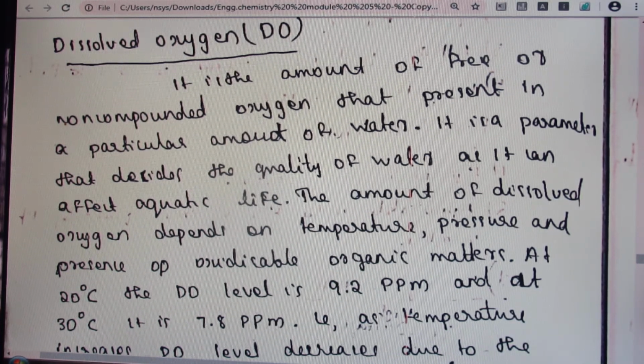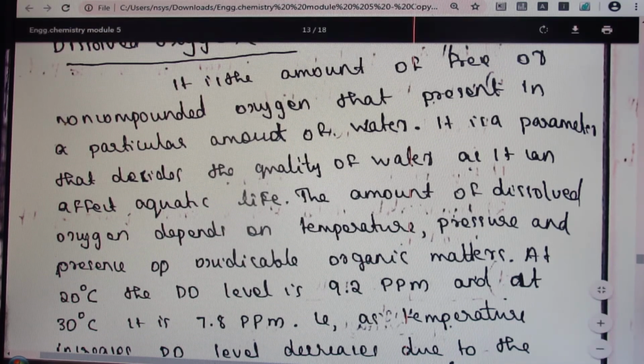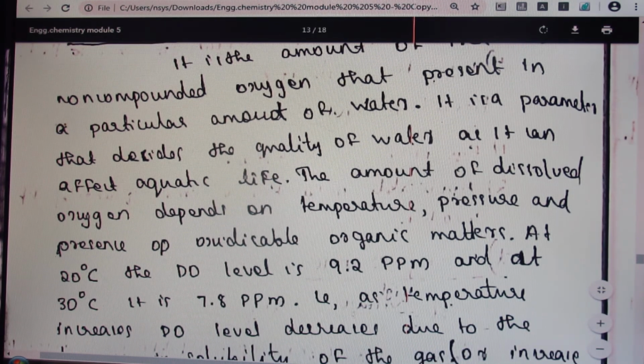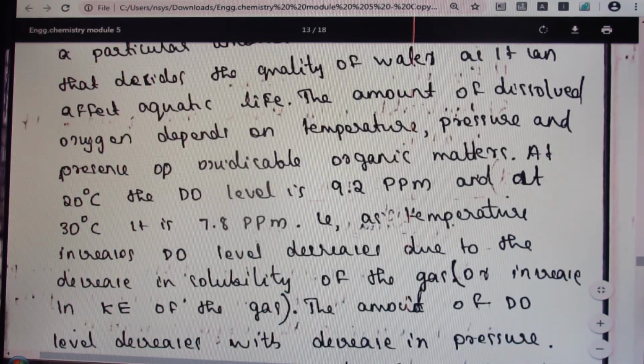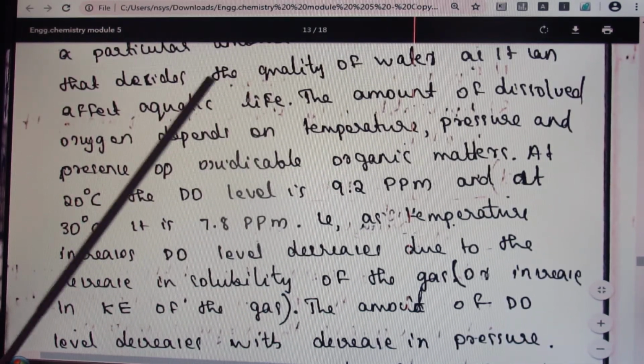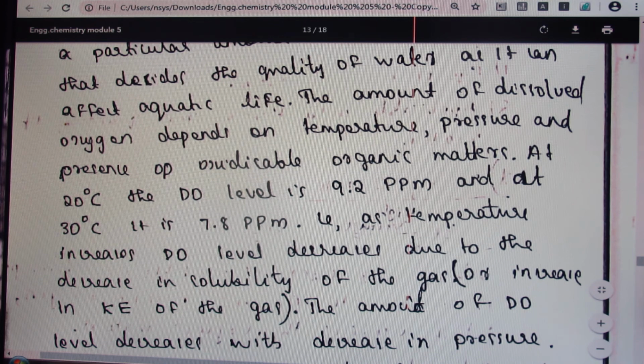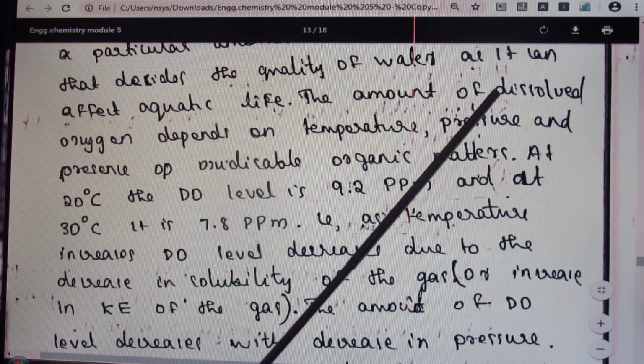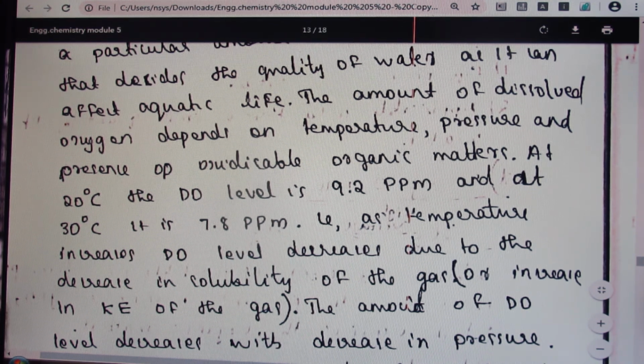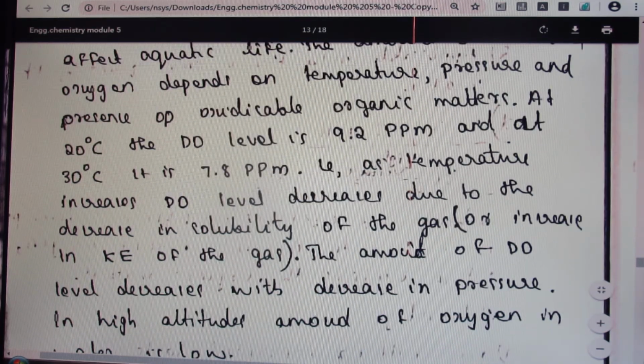The amount of dissolved oxygen depends on temperature, pressure, and the presence of oxidizable organic matter. So it depends on three different parameters: one is the temperature, second is the pressure, and third is the presence of oxidizable organic matter.